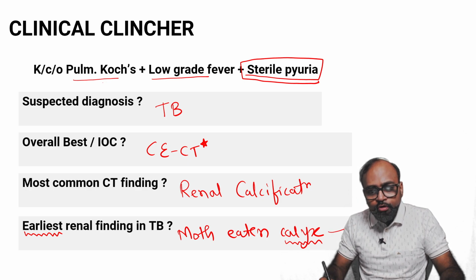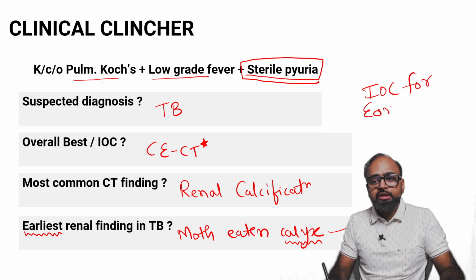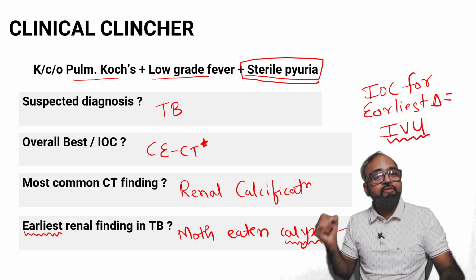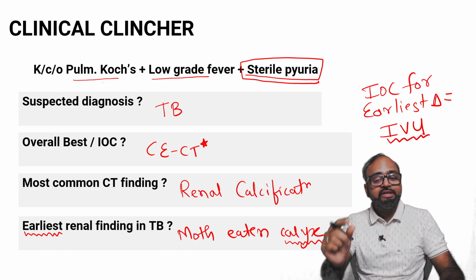Therefore, if they ask you what is the investigation of choice for the earliest diagnosis of renal TB, remember the answer is going to be intravenous urography. That is because IVU is going to show you this moth-eaten calyx appearance.